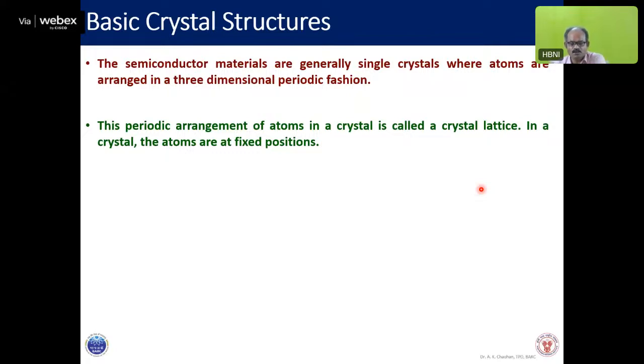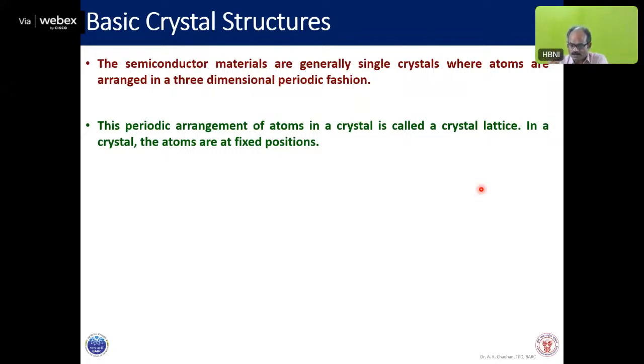Even a 2D material may not behave exactly as we expect or as it behaves in 3D. A periodic arrangement of atoms in a crystal is called a crystal lattice. Ideally, the lattice is a collection of points in space.